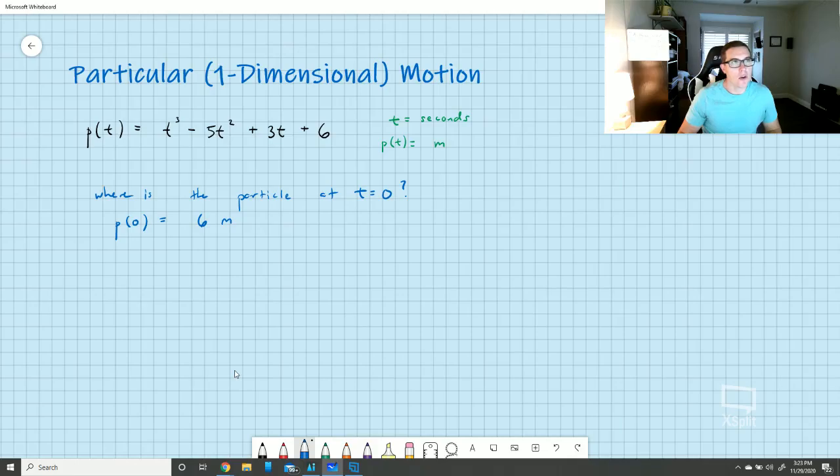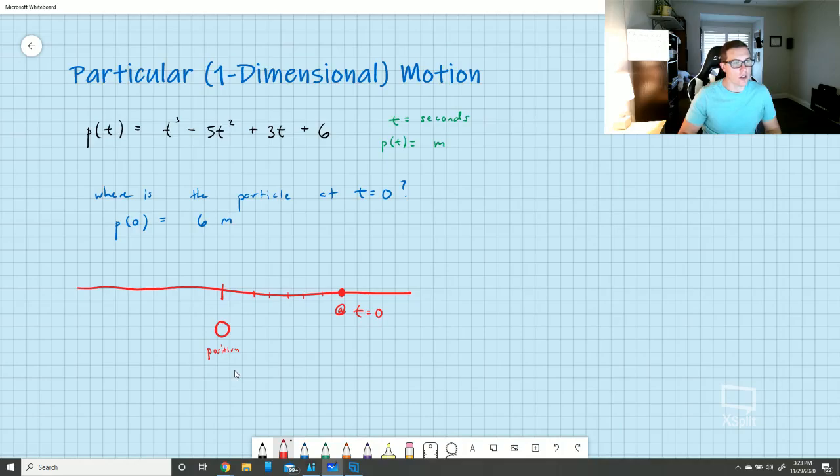Let's say that this particle was traveling left and right. So here's the path the particle could be taking. Not straight, but whatever. Let's say that this is the 0 position. Right now, 1, 2, 3, 4, 5, 6, at time 0, your particle is right there on that line.